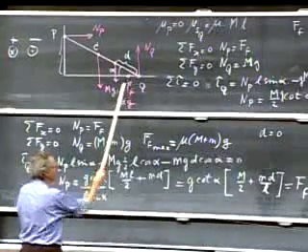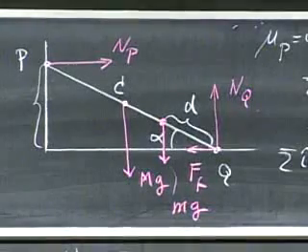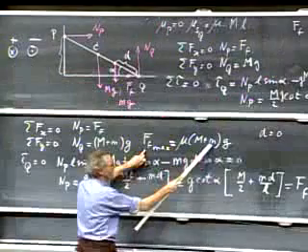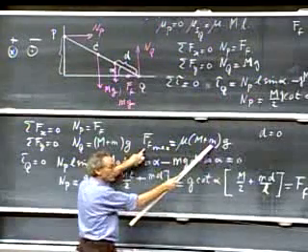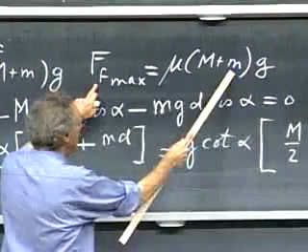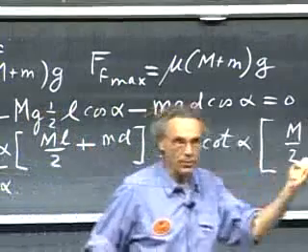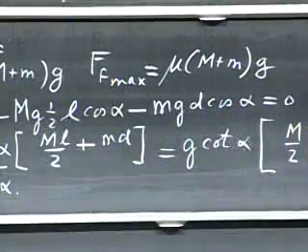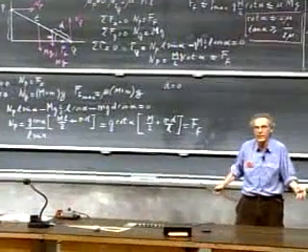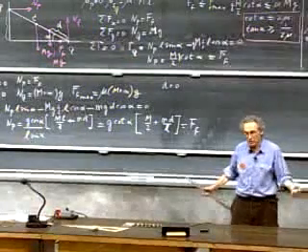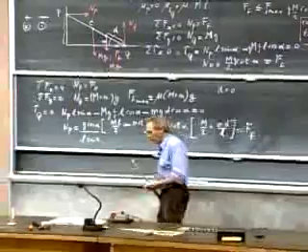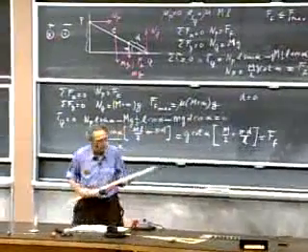But what has changed is the maximum friction. The maximum friction has this little m in it, and that's independent of d. There is no d anywhere here. So if the maximum friction goes up, and the friction itself remains the same, clearly the ladder has become more stable. And so you can step on the lowest rung and nothing will happen. On the contrary, the situation will become more stable.